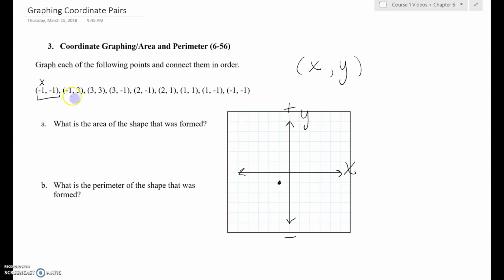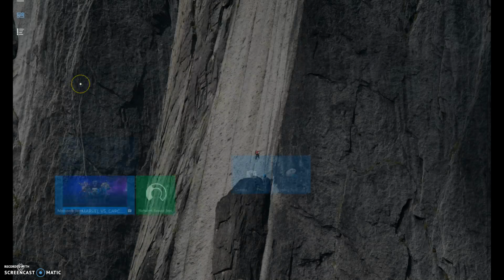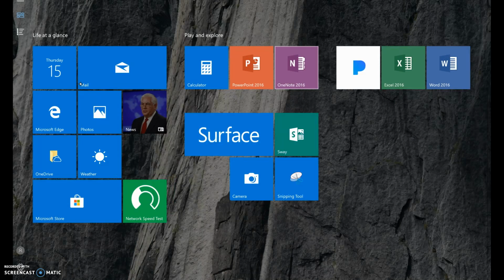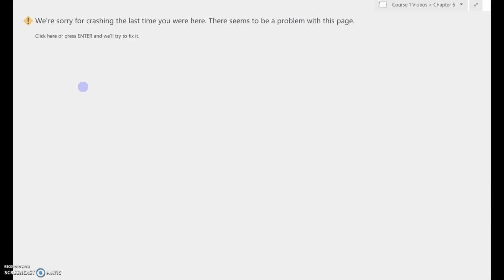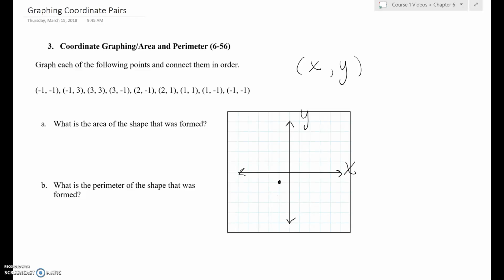I'm going to erase everything else and plot the second one. Where's -1, 3? So that's my x, that's my y. Okay, let's pause. Don't know what happened there. So let's try this again. We're going -1 on the x, and then 3 on the y. So here's -1 again.